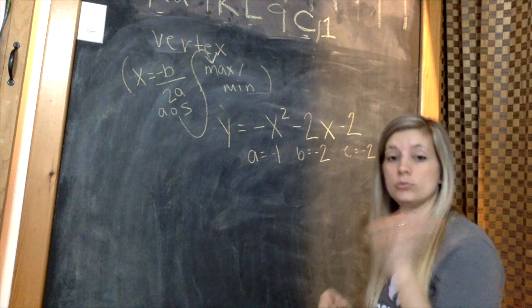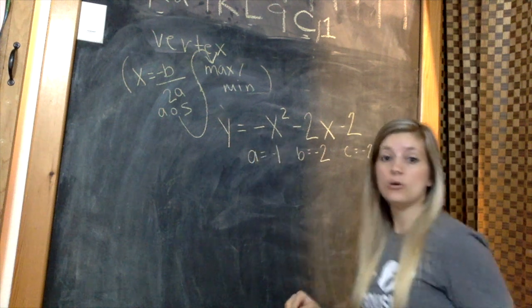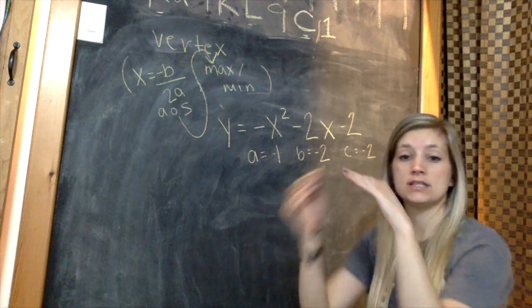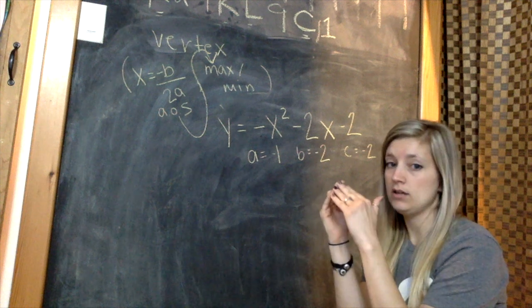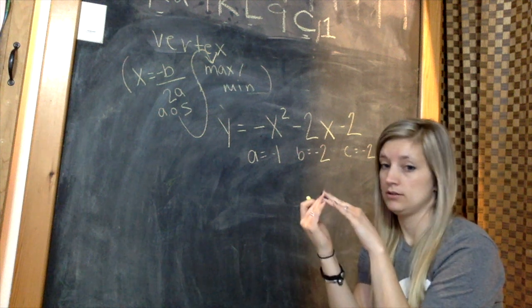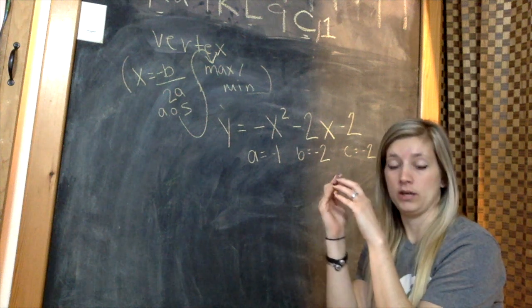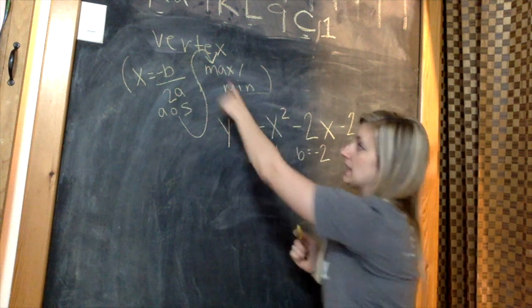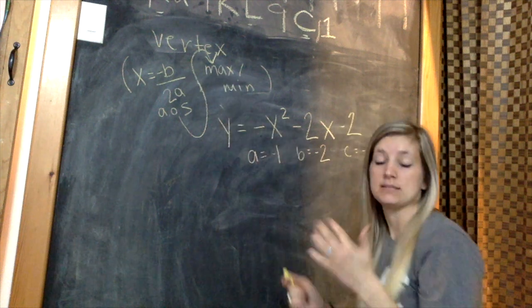So before we even started, we can look at our a, and we can tell, oh, this is negative, so now this one is concave down. So if this is concave down, are we finding the max point, or are we finding the min point? Okay, so for this one, we are now finding the max point. So our y inside of our vertex, the x comma y, is now a maximum point.